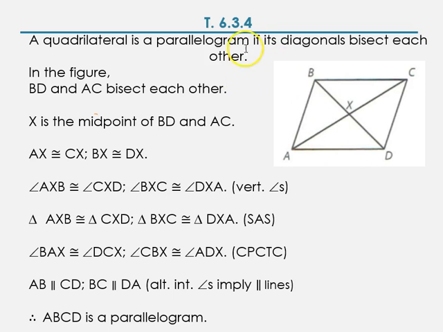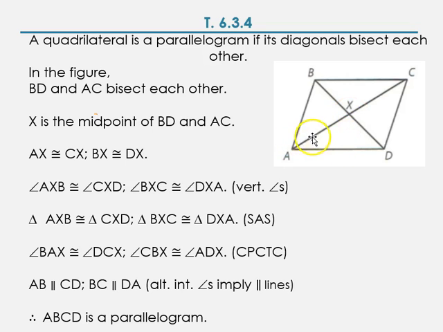Theorem 6.3.4. A quad is a parallelogram if its diagonals bisect each other. So in this figure, we have quadrilateral ABCD. BD and AC, which are diagonals, bisect each other. X is their midpoint.